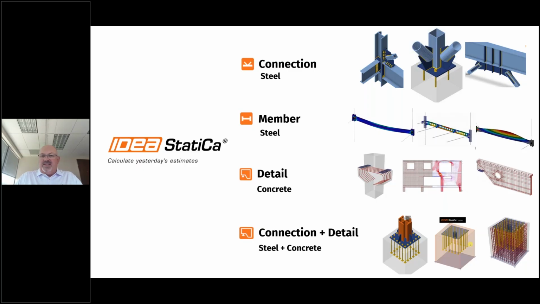The next thing we have on the list is detail. This is our concrete tool for the ACI code. It's meant for analyzing and designing discontinuous regions in concrete members and walls. In addition, we introduced last month in our webinar the workflow for anchorage, using the connection and detail software combined.